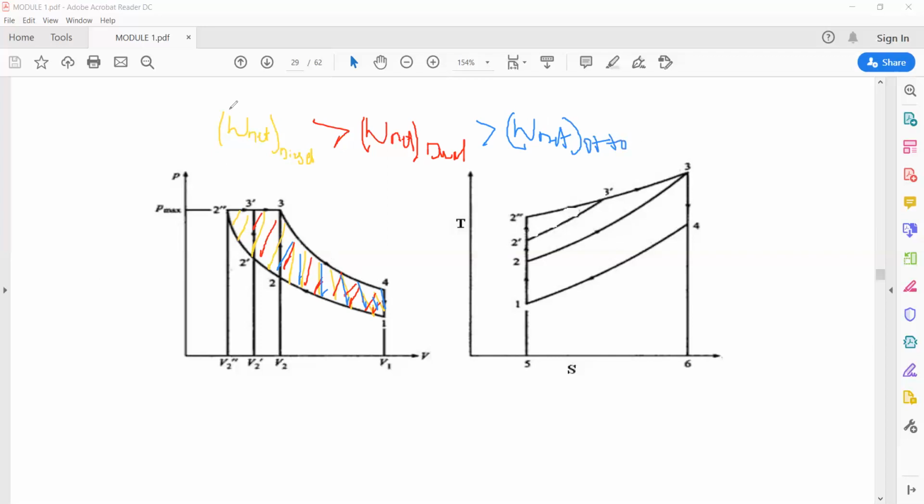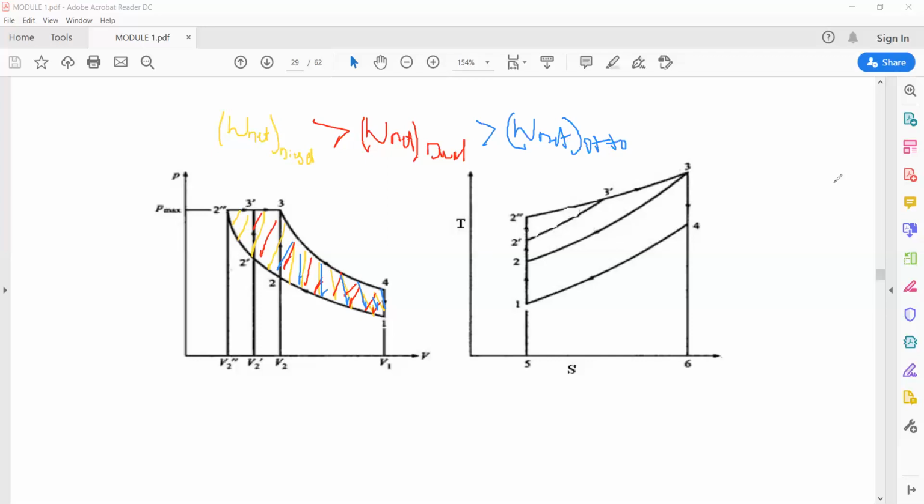So the maximum area is for diesel cycle. Hence the work obtained from the diesel cycle is more. Next one is work obtained from the dual cycle. Next least one is work obtained from the Otto cycle, because the area for Otto cycle on the PV coordinates is less in comparison with diesel and dual.